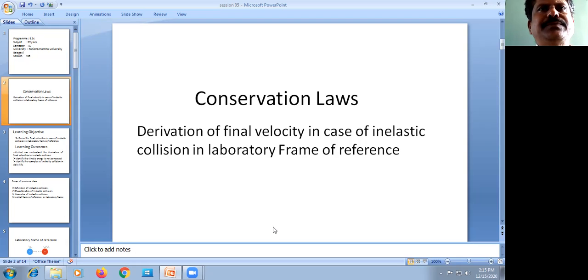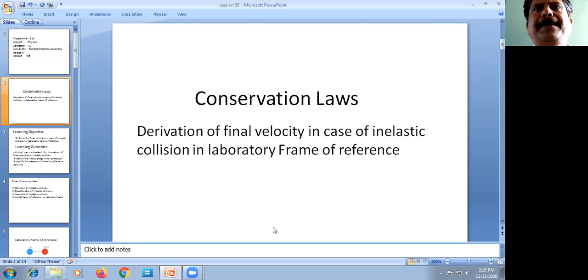So we know that a collision is said to be inelastic if the kinetic energy is not conserved. Whenever the kinetic energy is not conserved, such a collision process is said to be inelastic.